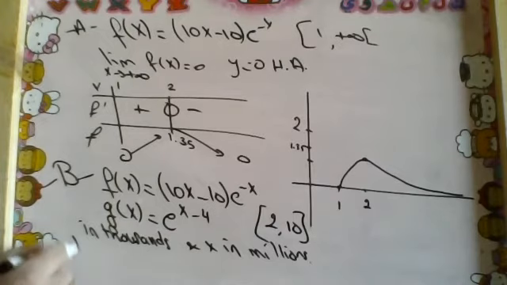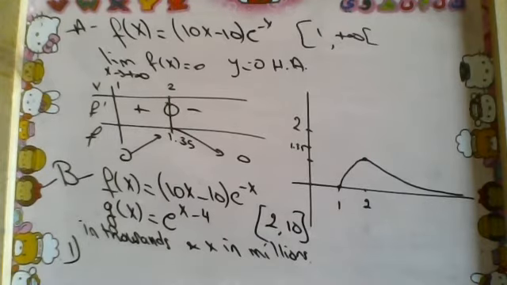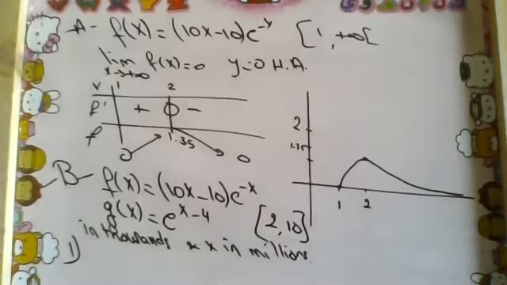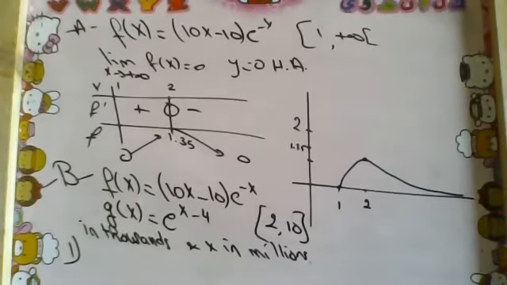Part 1, you have to find f of 3, because the price is 3 million, it changes to the unit.